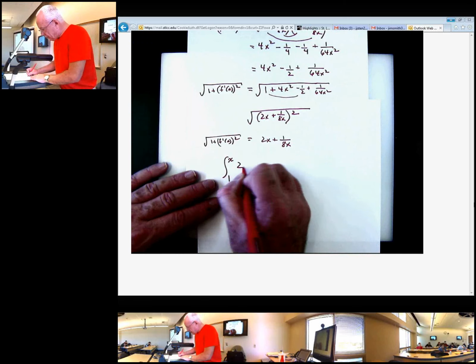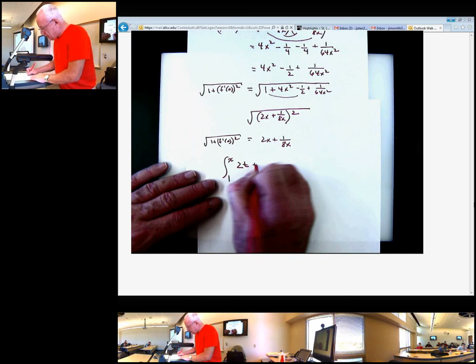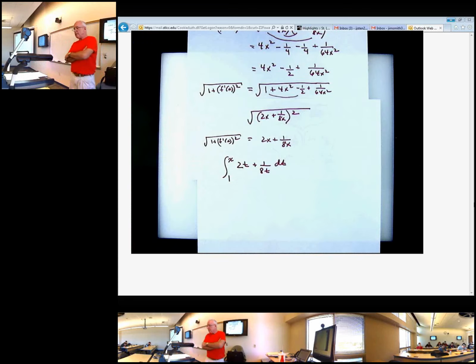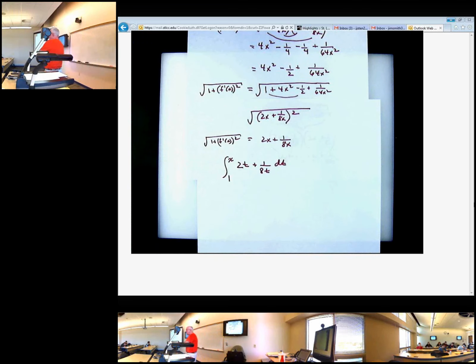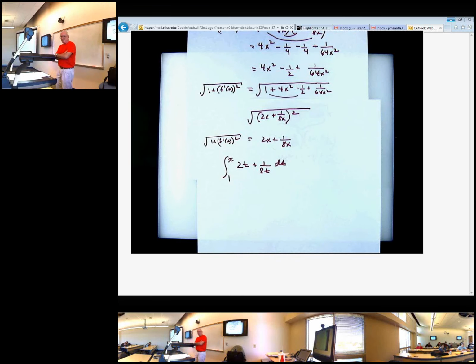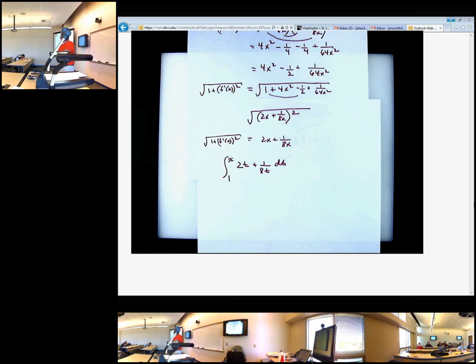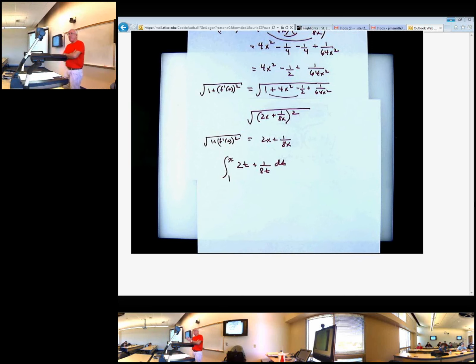Now here, I'm going to do the dummy variable thing again, although you don't have to do that. So instead of writing 2x plus 1 over 8x, I'm writing it as t. But a student in my differential equations class yesterday said, well, why are you doing that? And you don't have to do that, all right? It just is the way you commonly see it written. You could have just kept the x, all right?